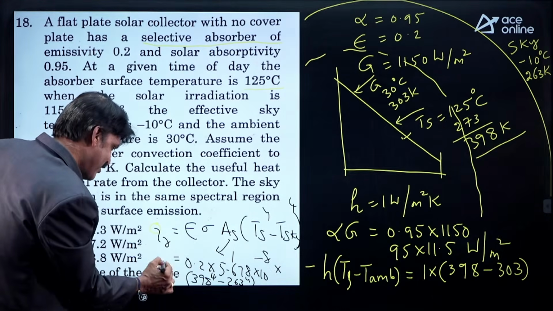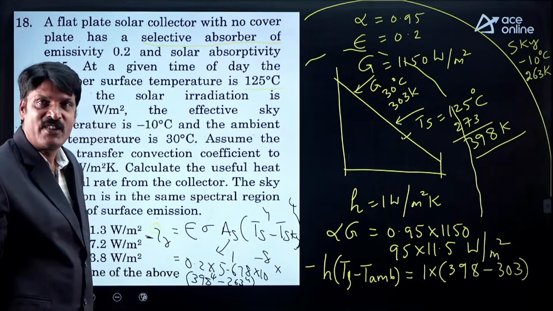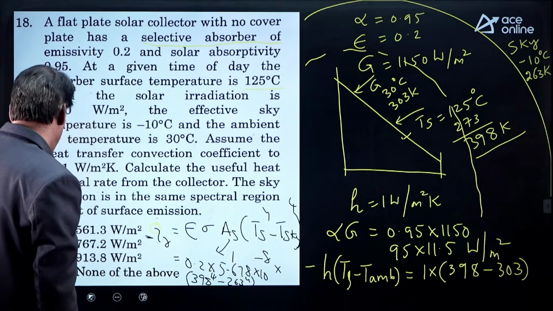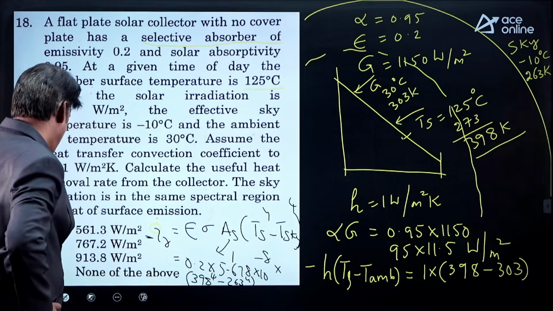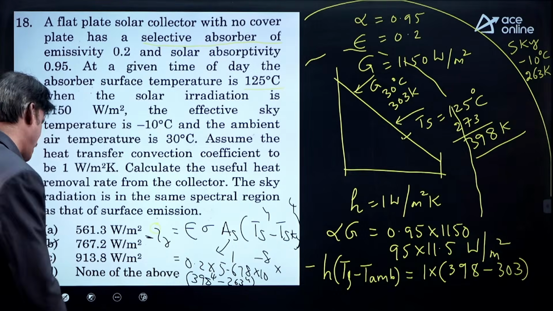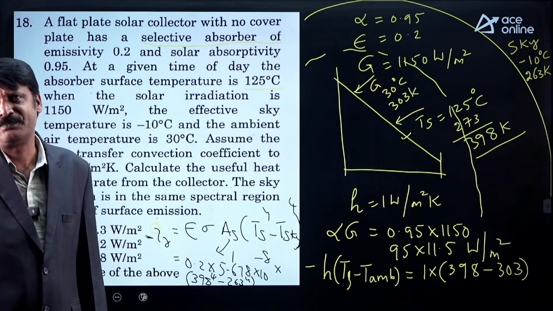This is loss. So, add these two, remove from this value, your answer is coming out to 767.2 watt per meter square.